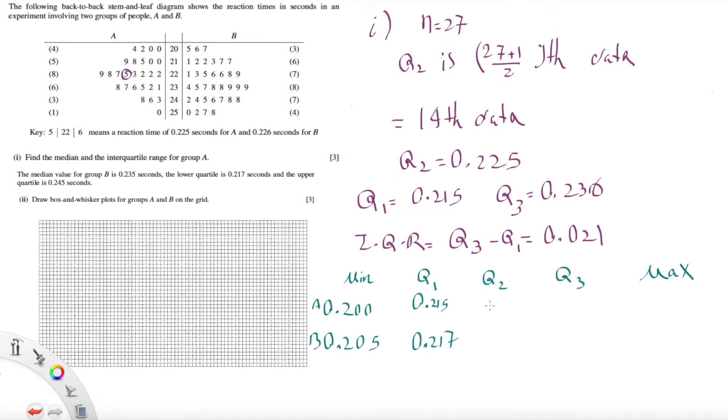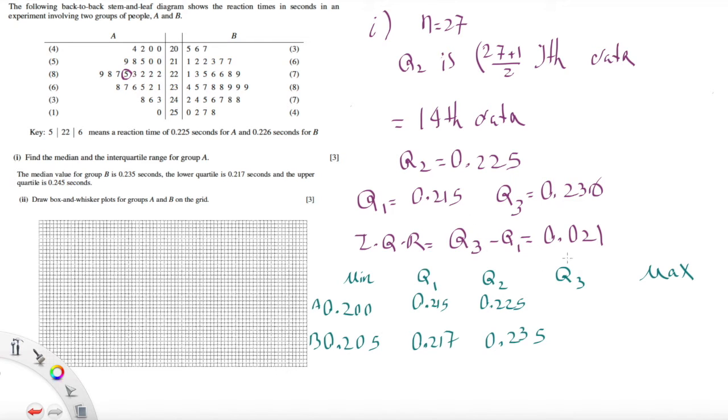For Q2, for group A, we found 0.225, and for B 0.235.